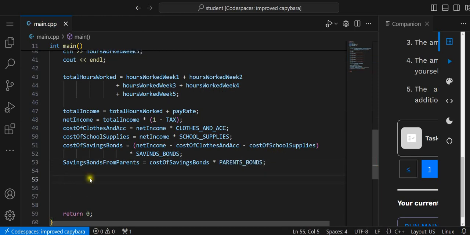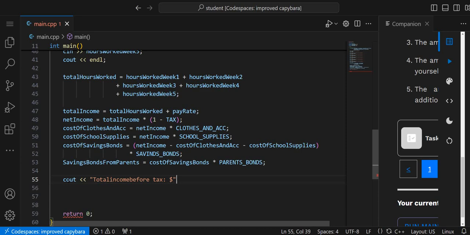Next we have, let's see, here we're going to hand jam these. Let's go slide again. So out. Total income before tax and dollar sign.